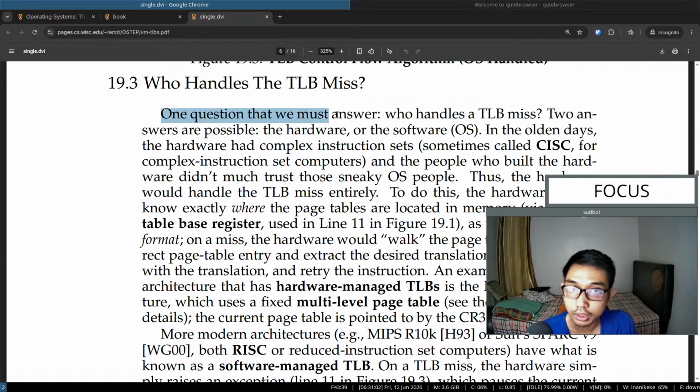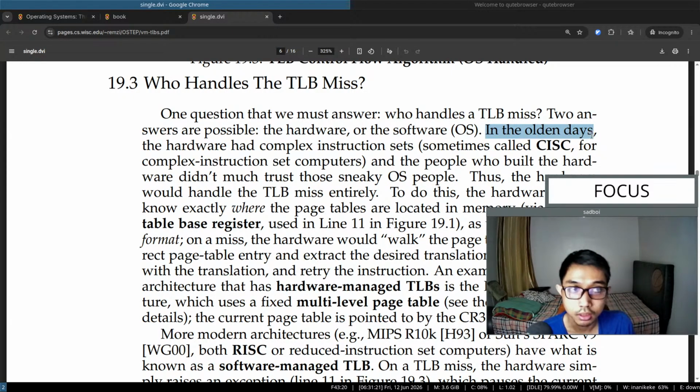Okay, one question that we must answer: who handles the translation lookaside buffer miss, or TLB miss? To answer, it is possible to use the hardware or the software, the operating system.